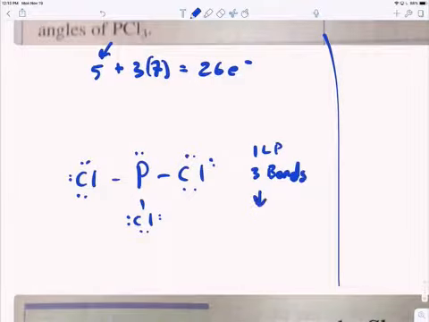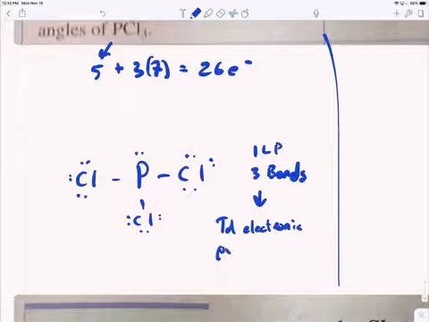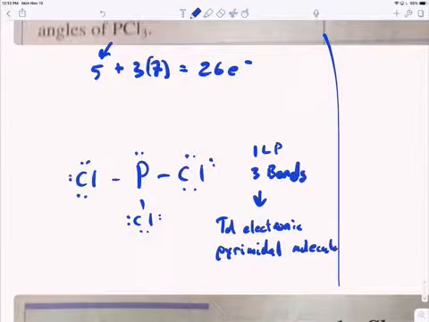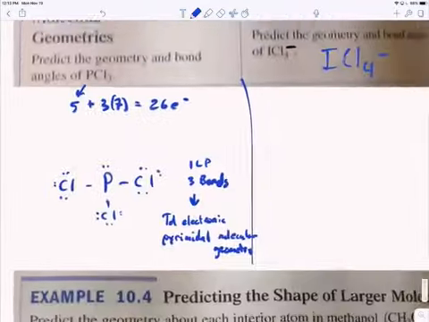So what this means is tetrahedral electronic geometry and pyramidal molecular structure. What does it say for bond angle?